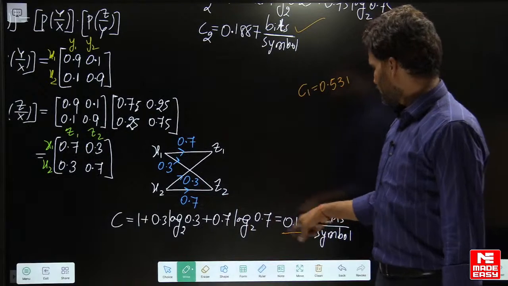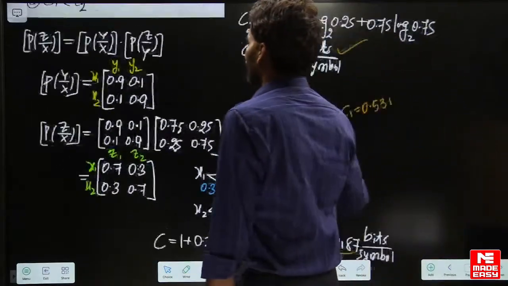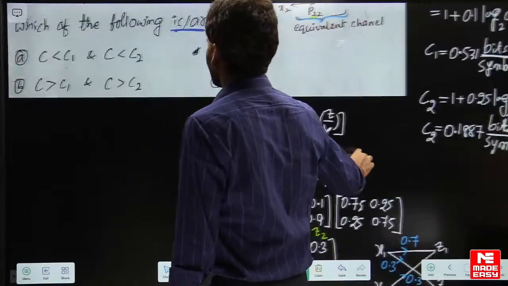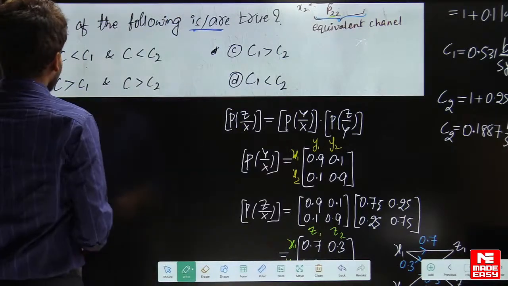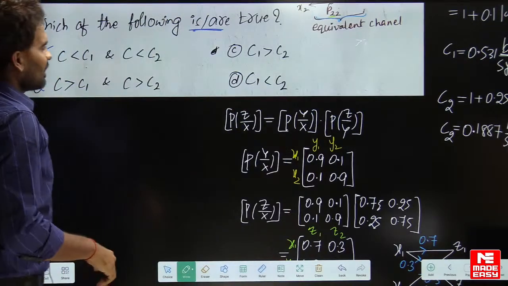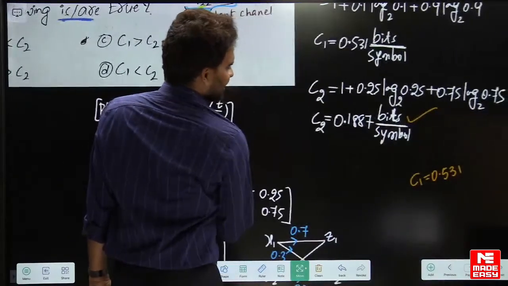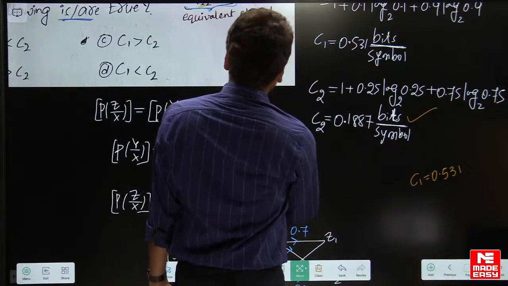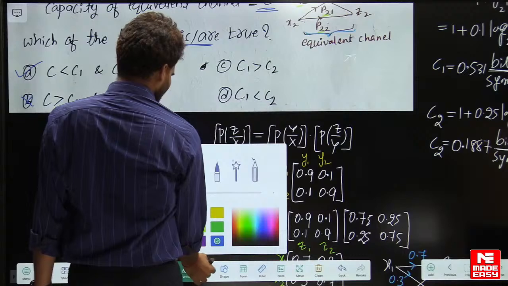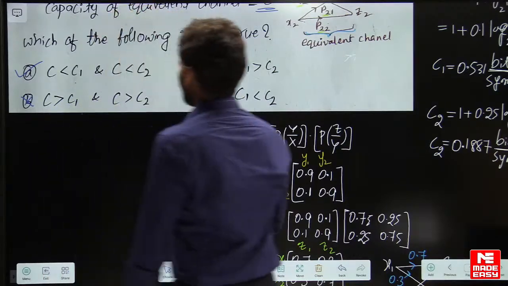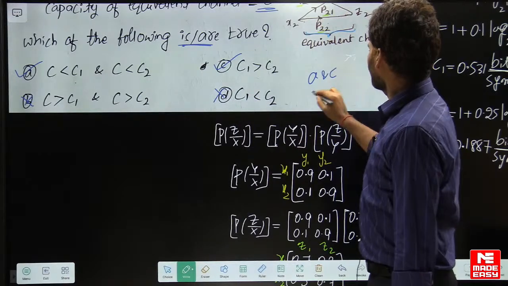C is less than C1 and less than C2 also. So B is incorrect. And what about the relation between C1 and C2? Yes, C1 is greater than C2, so that statement is incorrect. So A and C will be correct.